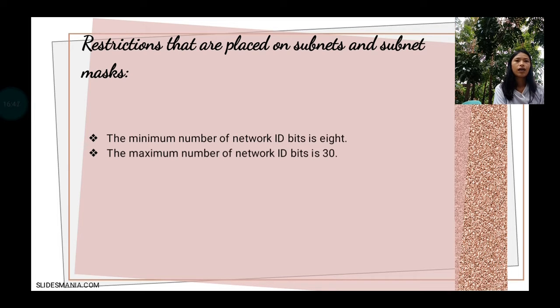Thus, if you use 31 bits for the network ID and leave only 1 for the host ID, 1 would be used for the broadcast address, and host ID 0 would be the network itself, leaving no room for actual hosts. That's why the maximum network ID size is 30 bits.